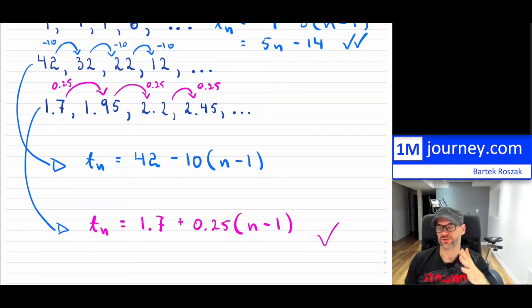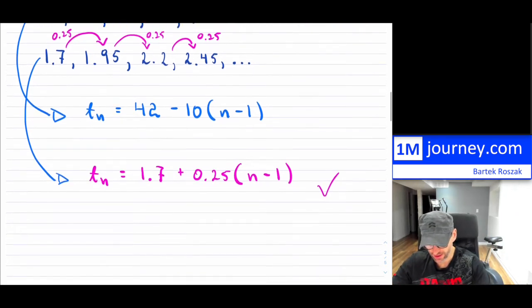Now, let me plot this for you in Desmos, just so that you can see that indeed it's going to be a line. We're going to have only points, because it's going to be 1, 2, 3, 4, because n is kind of the set of natural numbers. So maybe we can define n.